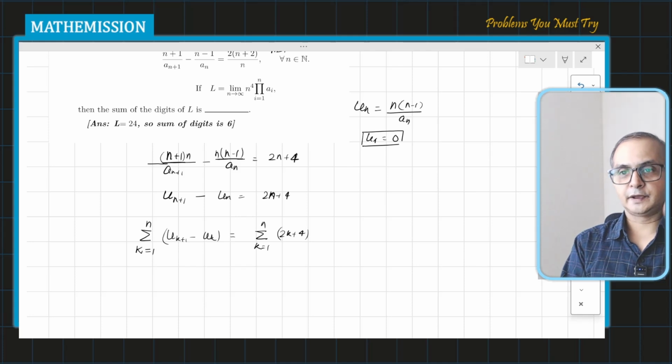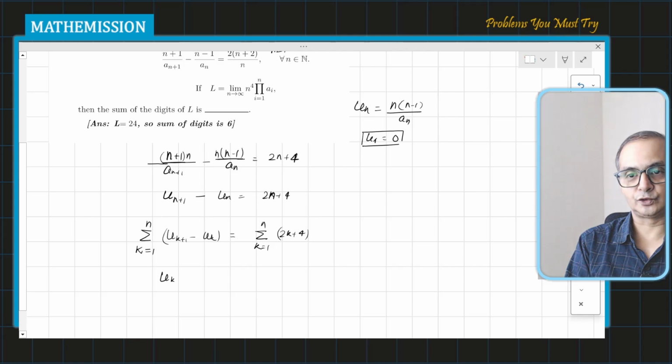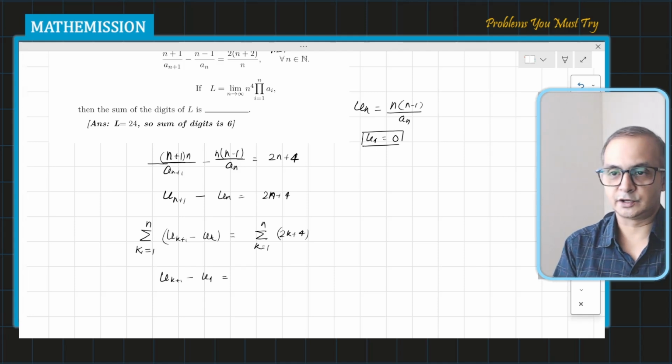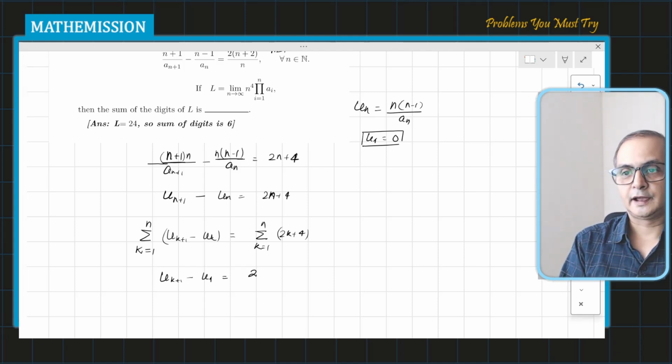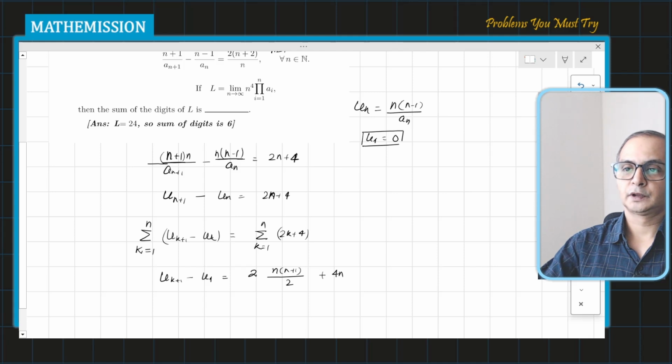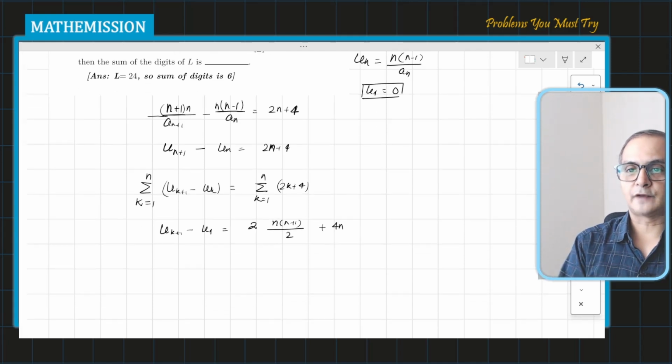This guy will become telescopic, and of course we are left with the last term u_(n+1) and the first term u1, and here I can apply the special summations. So this is twice of the sum of k, which is n times (n plus 1) by 2, and the 4 running from 1 to n will become 4n. Now this u1 we have found to be 0, so we got u_(n+1) equal to n squared plus 5n.